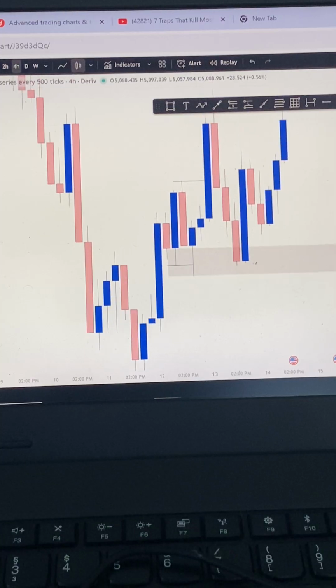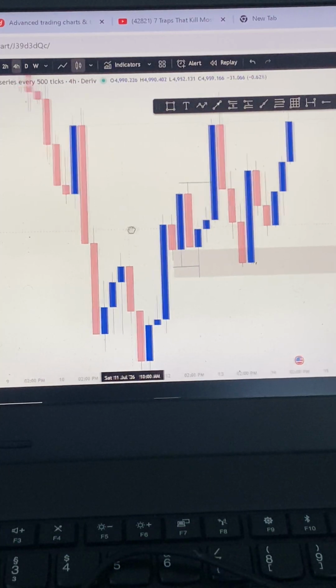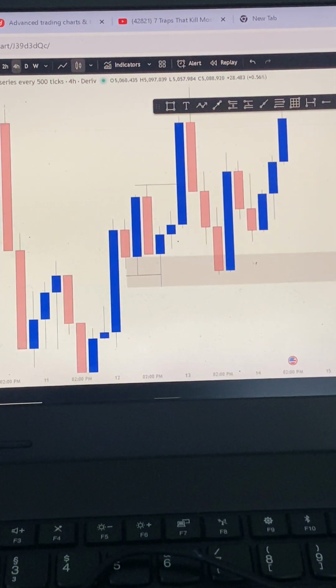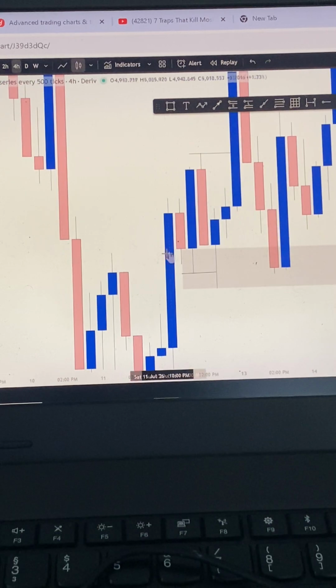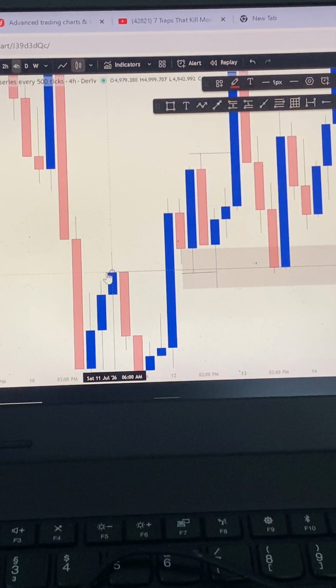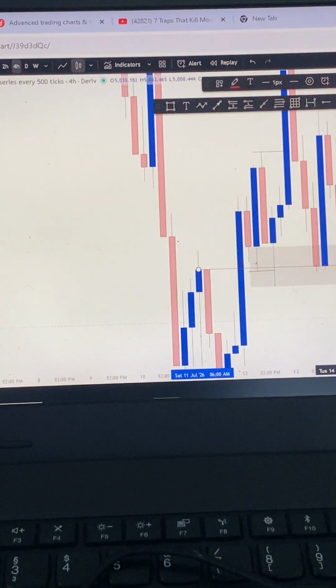So you notice something really good, that the level that we have here that is significant here is this level here, this RBS. This is an RBS, right?